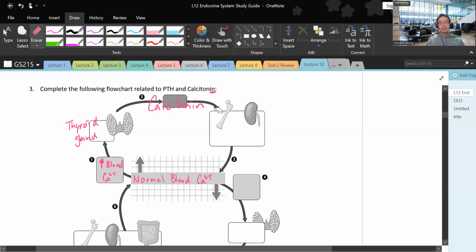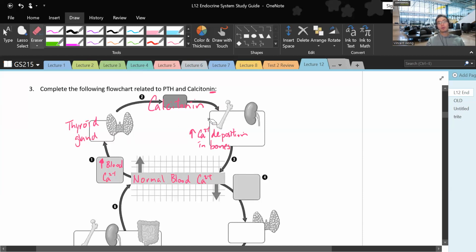So calcitonin is going to act on the bones as well as your kidney. So it will increase calcium deposition in bones. You got all this extra calcium in the blood, so why not put it in the bones? Because your bone needs it anyways, right?